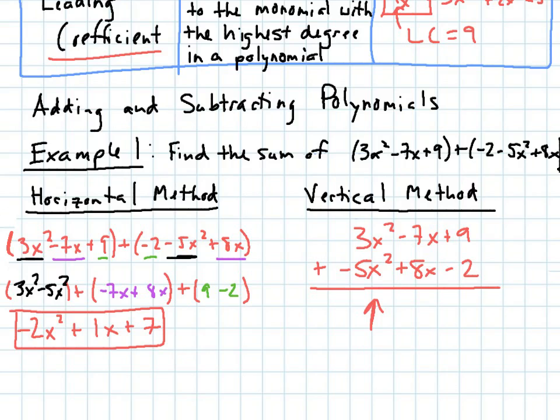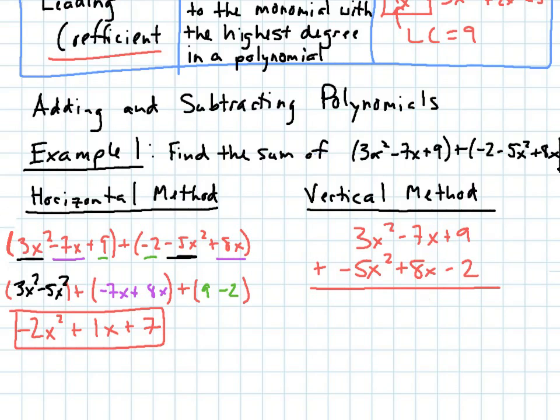And then I have negative 7x and 8x directly over each other, and 9 and negative 2. So it's a different way of grouping your stuff, but you're doing it visually rather than putting them in parentheses. Once you align like terms, you want to actually combine them.